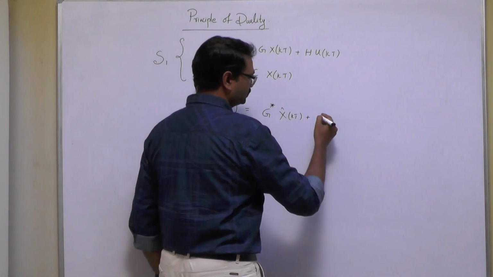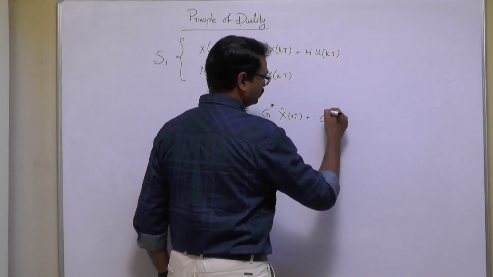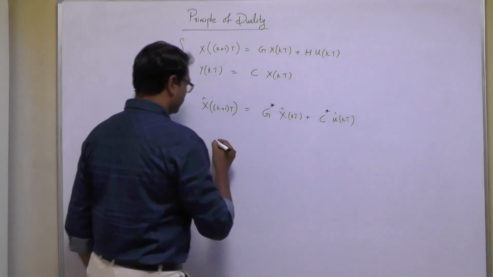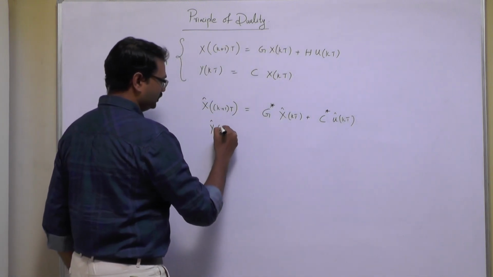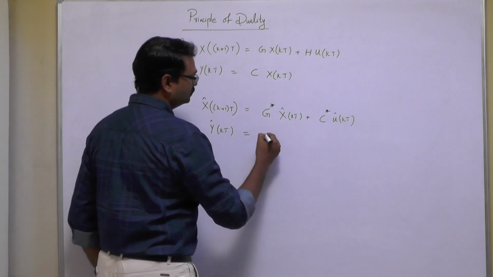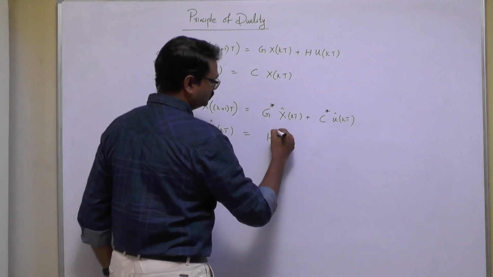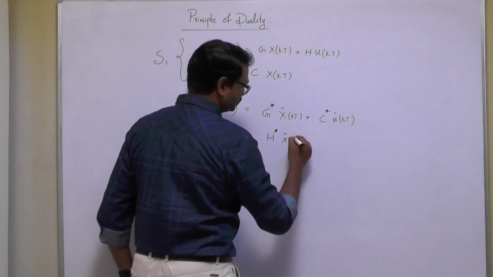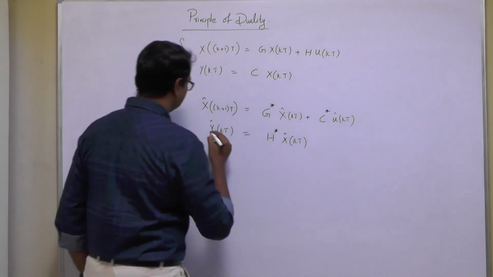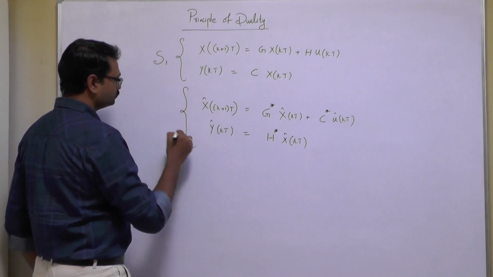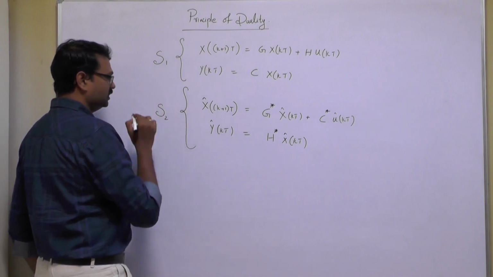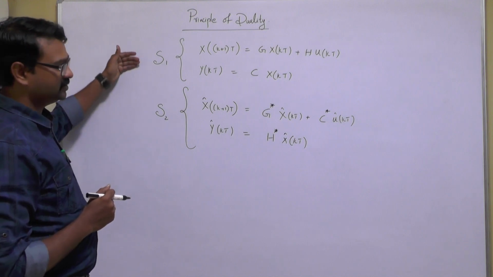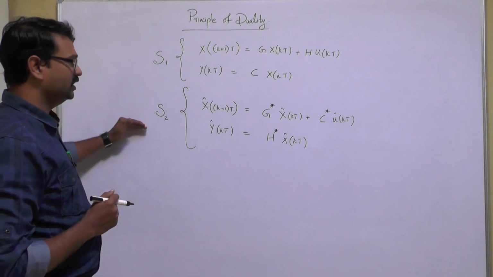We will just interchange these matrices, C conjugate u cap of kT, and y cap of kT is equal to H conjugate transpose x cap of kT. Now this is the dual system, and let me say this is called S2. Now S2 is the dual of S1 and S1 is the dual of S2.